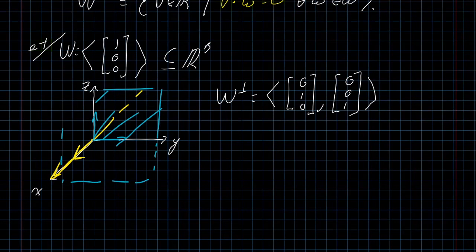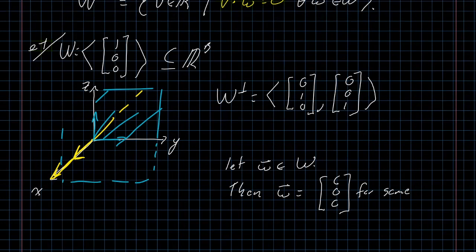So let's pick a vector w in our original vector space. From the definition, the span of a single vector, w is a vector with components c, 0, 0 for some constant c.